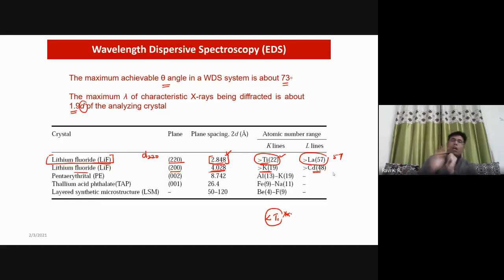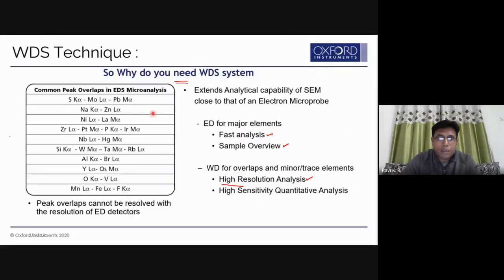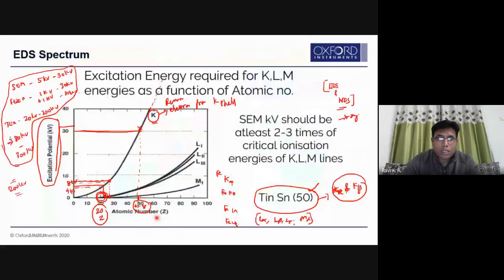Again, you have a problem with the applied voltage also, because you know, if you remember this particular graph, suppose you are using 30 kV, for elements with atomic number above 50, you are not going to get anything out of it.